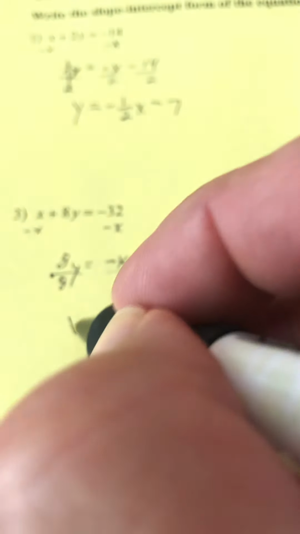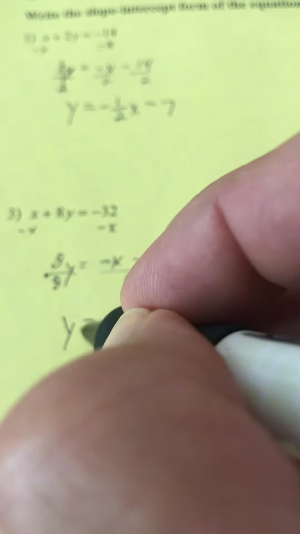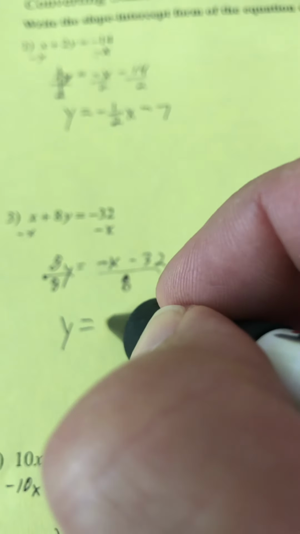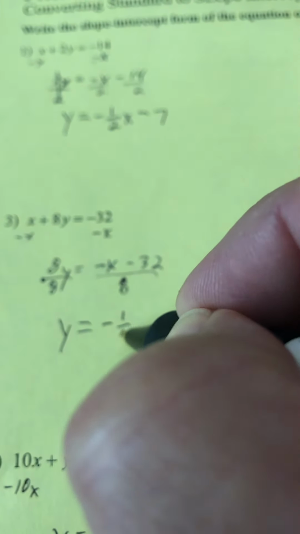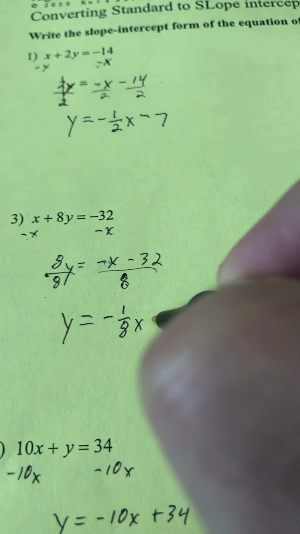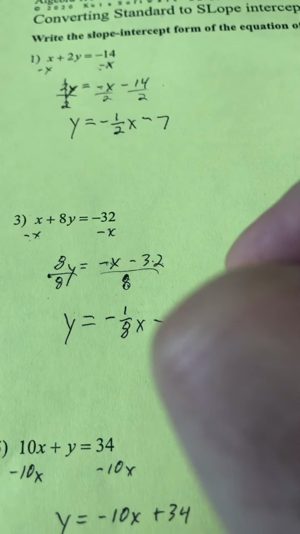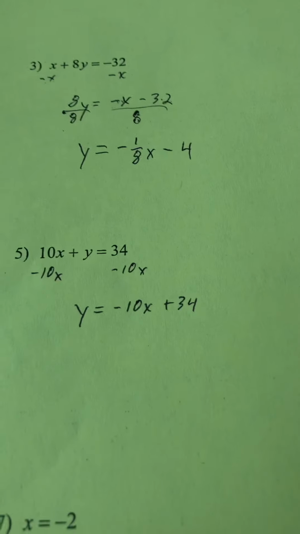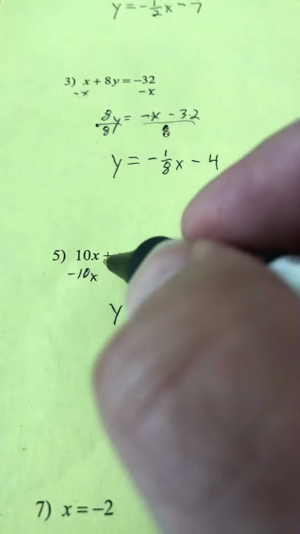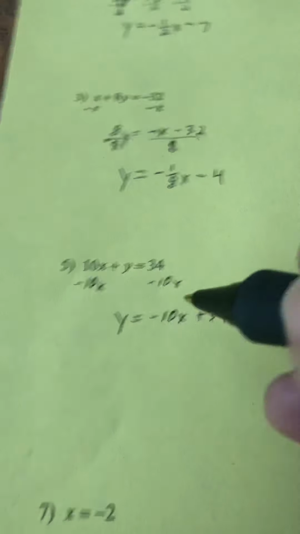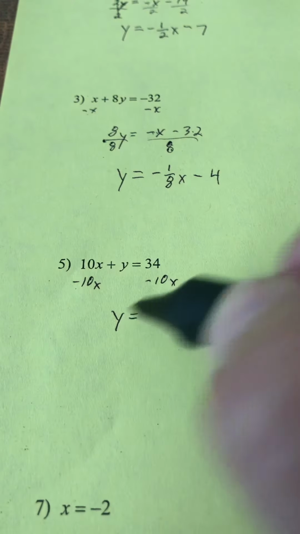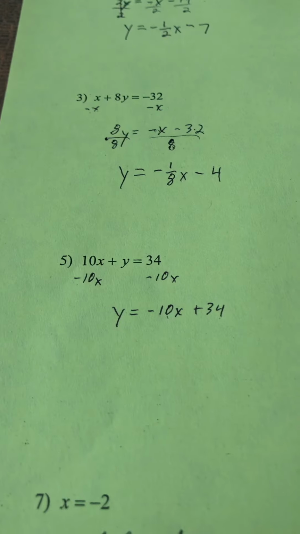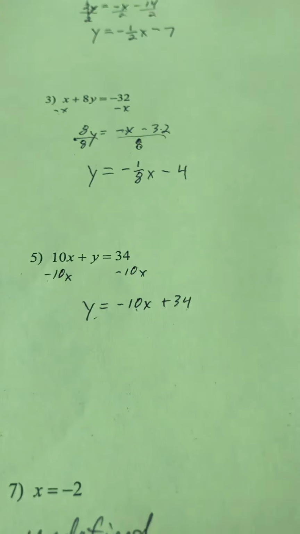So 8 divided by 8 gives me that 1y, and then this is going to be negative 1 over 8x minus 32 divided by 8 is going to be 4. For number 5, I got to subtract 10x from both sides. Look, y is by itself. And that's as far as I need to go with that one.